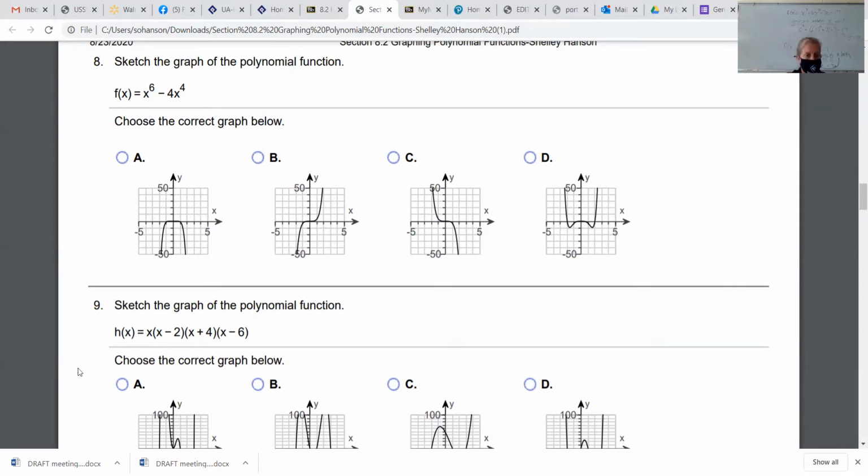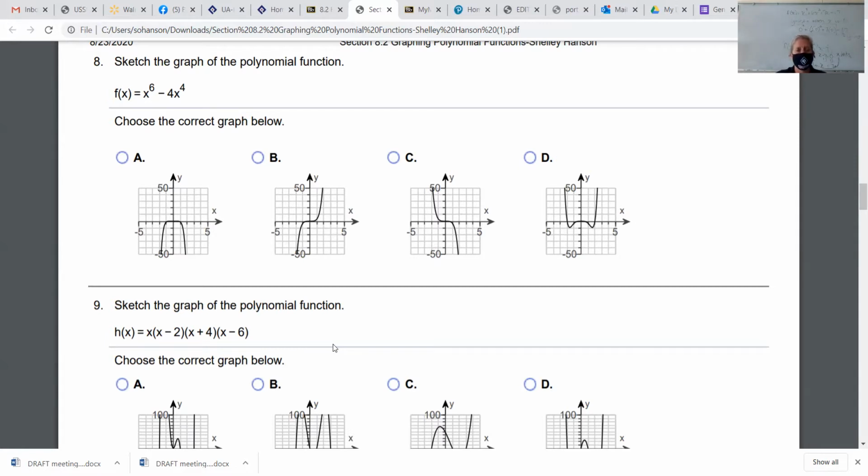So if I multiplied all these, x and x minus 2 and x plus 4 and x minus 6, together to find out what your leading term would be, all you have to do is count the x's. So how many x's do I have? I've got 1, 2, 3, 4, which means if I multiplied all that together, my leading term would be x to the 4th power.